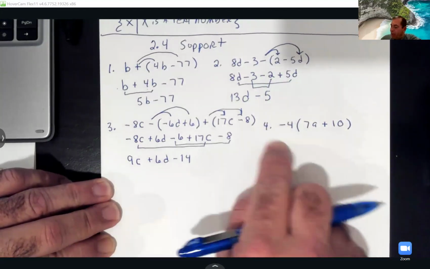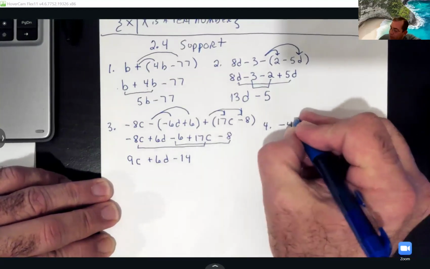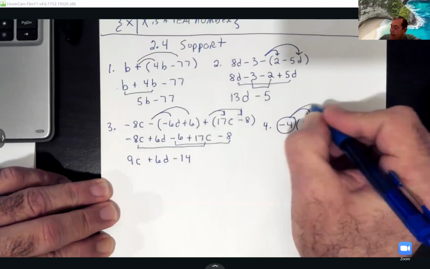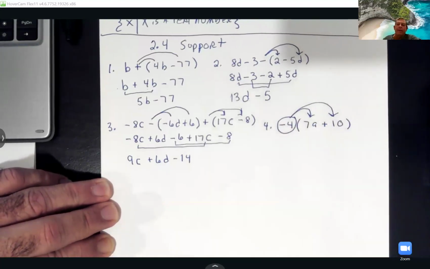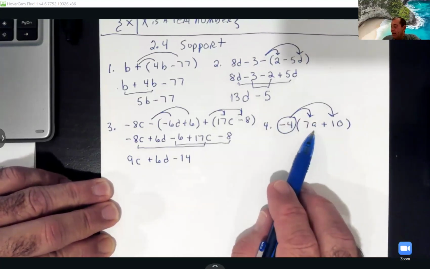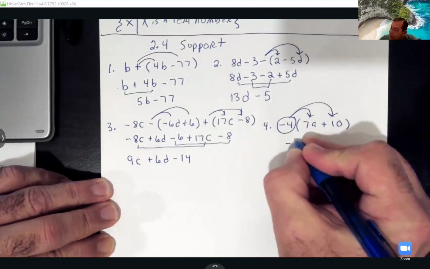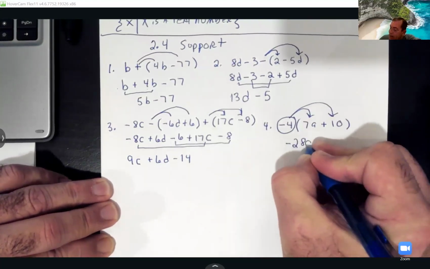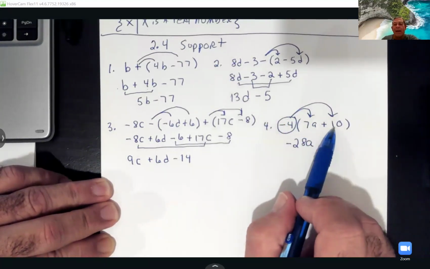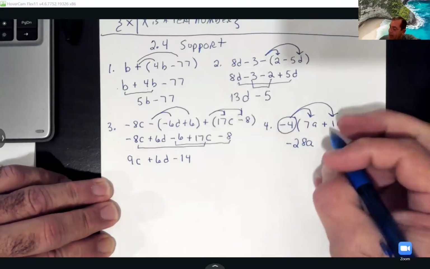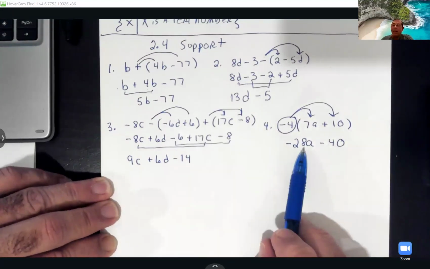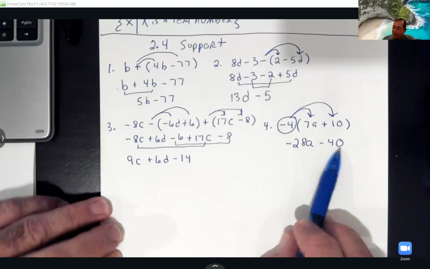But the distributive property here, since I got a -4 in front, we got to take the whole thing, the -4, and distribute that. Okay, so the negative and number get multiplied. So -4 times 7a, that's what, a -28a. And then that -4 carries through to multiply by the 10. And -4 times 10 is a -40. I have no like terms, so final answer.